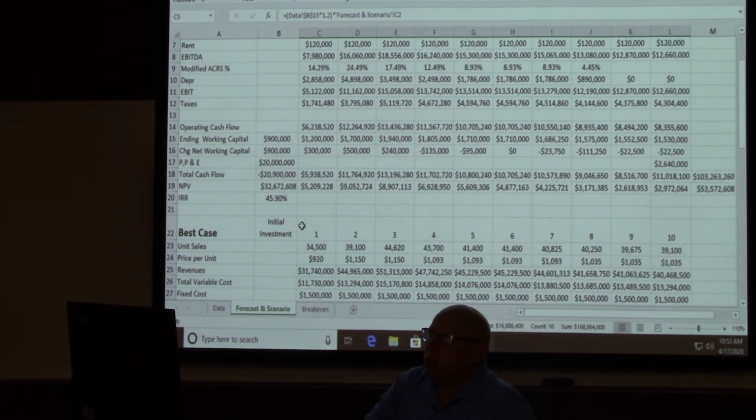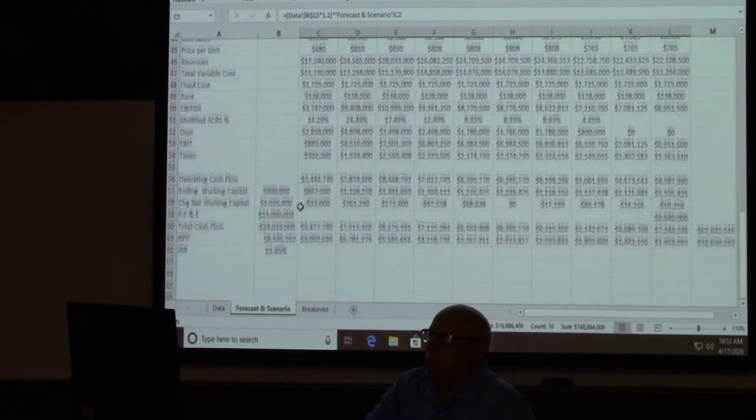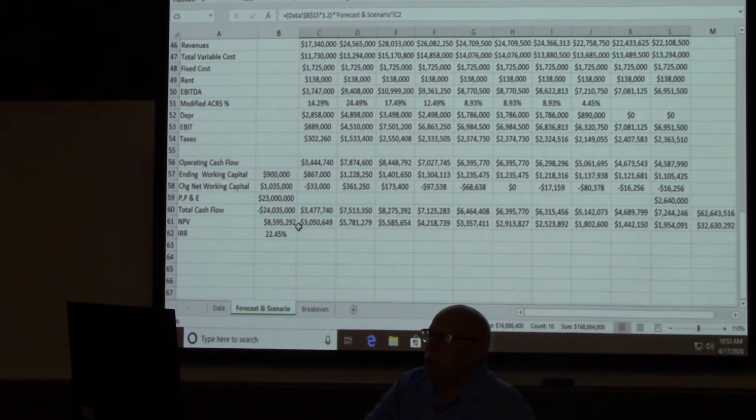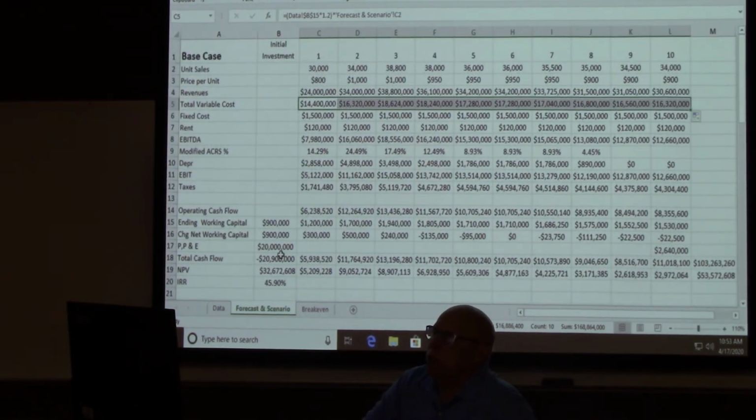And we've done a worst case scenario here, 15%, everything that could go down 15% or could go up 15% to make it look bad happens, and you're still at 22%. So it would just take a massive problem for this project not to work.